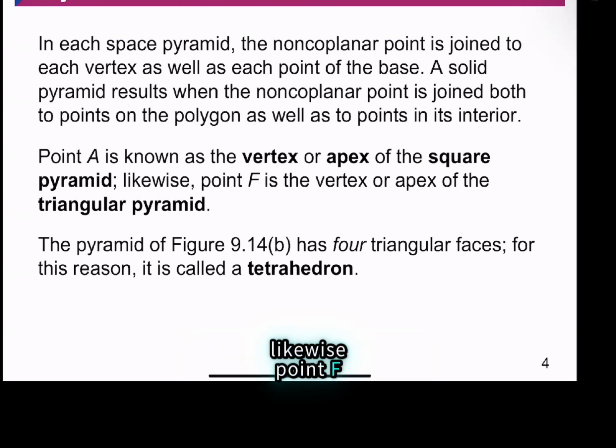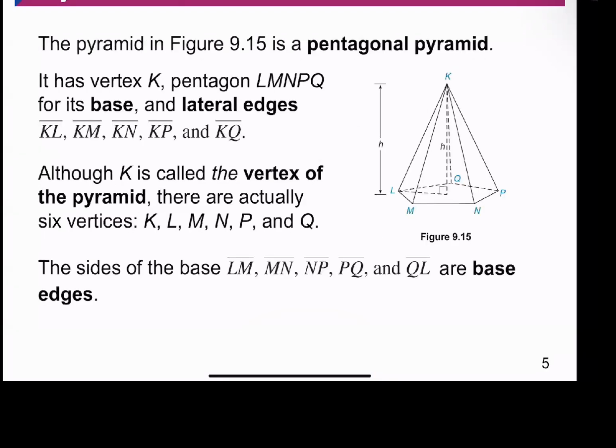Likewise, point F is the vertex or apex of the triangular pyramid. The pyramid of figure 9.14b has four triangular faces. For this reason, it is called a tetrahedron.